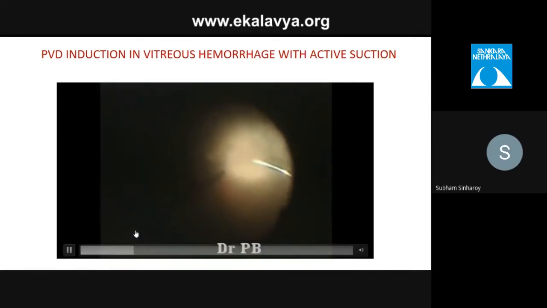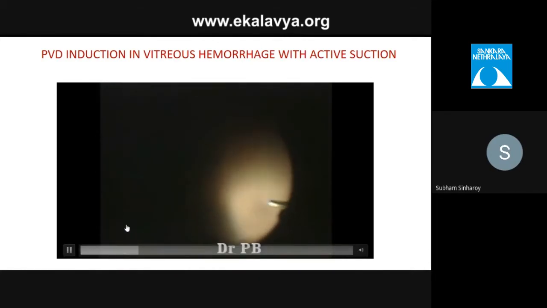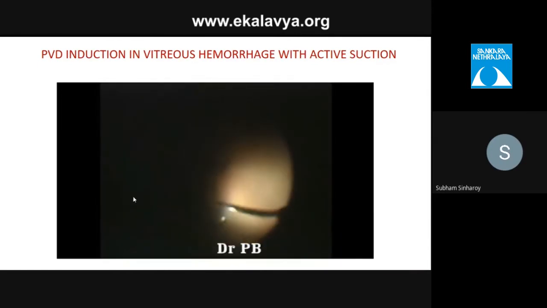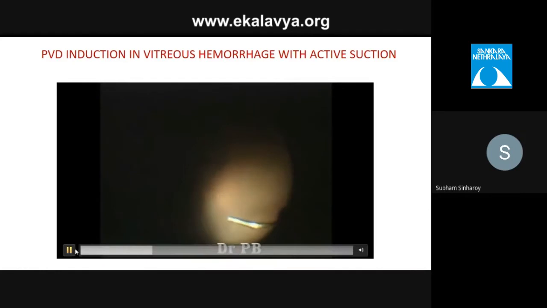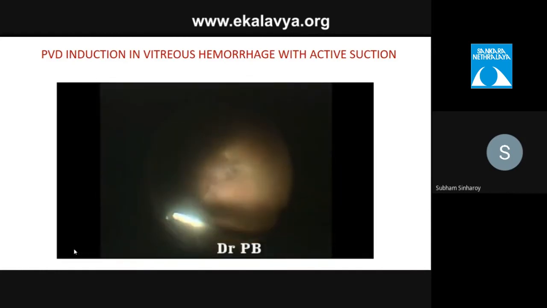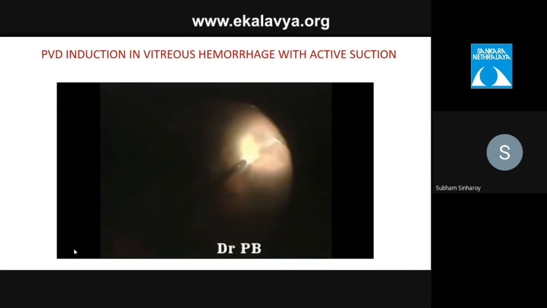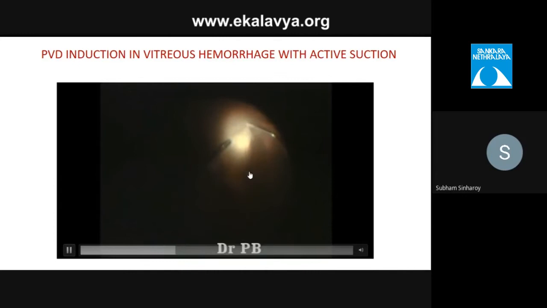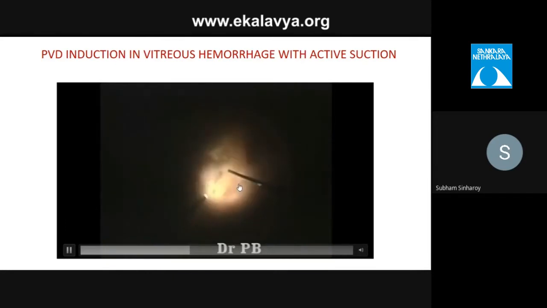There you can see the movement of the cutter. So once the peripheral truncation and peripheral vitrectomy is completed, now we come to the posterior pole. We are trying to separate the hyaloid face, the trimming of the adherent hyaloid at the posterior pole.